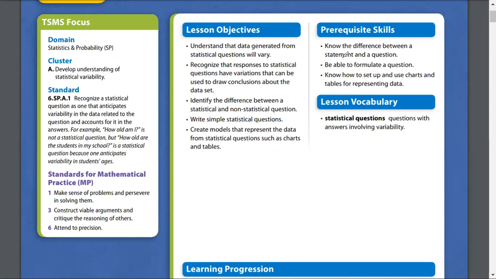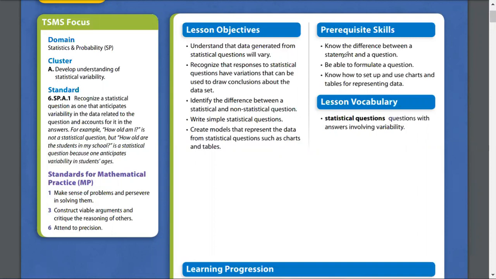Our lesson objectives are understand that data generated from a statistical question will vary, recognize that responses to statistical questions have variations that can be used to draw conclusions about the data set, identify the difference between a statistical question and a non-statistical question, write sample statistical questions, and create models that represent the data from statistical questions such as charts and tables.